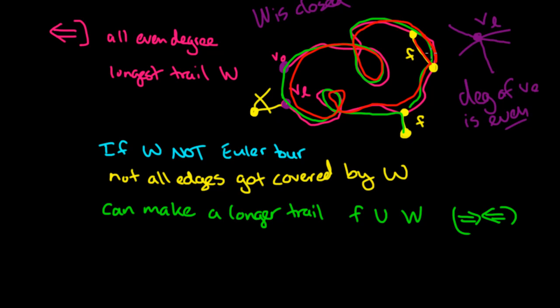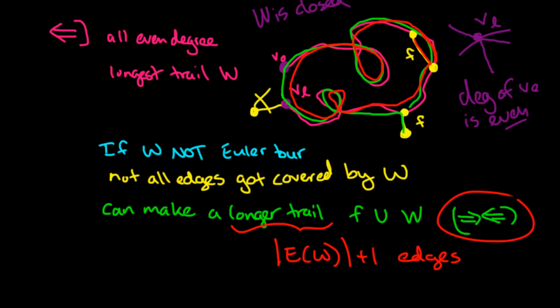And similarly, it will have the same number of edges that the walk W had, as well as the edge F. So in either way, this longer trail will have the number of edges in W plus 1 edges. So it's longer, and that's the contradiction. So that's the basic rundown of how that proof went.